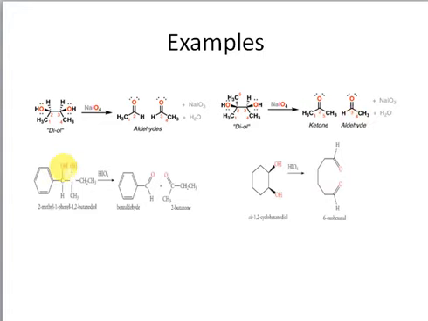Right, let's take another example. So we have a diol here, with two hydroxyls on adjacent carbons. We have to cleave the bond from the center, and we have to convert this carbon-oxygen single bond into a double bond, and similarly this one is also converted into a double bond.